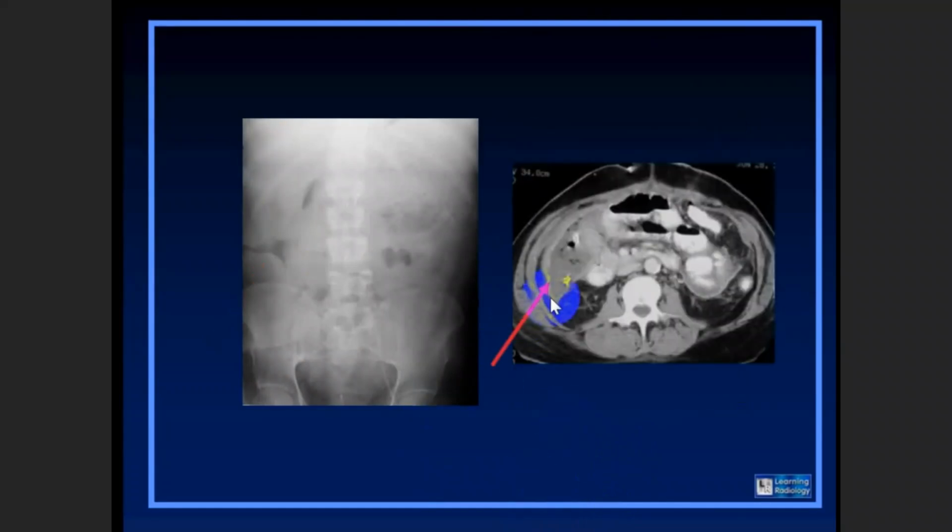Here we have some collection in the right lower quadrant, as previously noted over here. This collection, because of the pattern of enhancement when we give contrast surrounding the collection, we find out this is a right lower quadrant abscess.